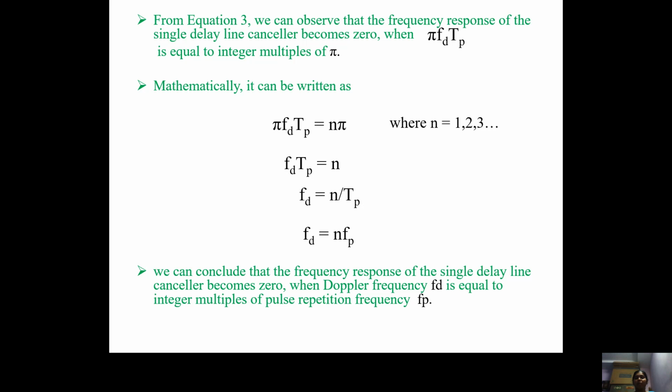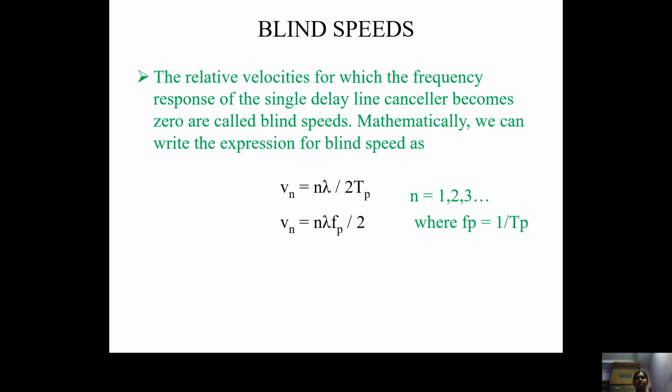That means those targets will not be seen by the MTI radar, which further gives us the concept of blind speeds. The blind speeds are the velocities at which the radar is not able to see the moving targets. So this is the main drawback of MTI radar.